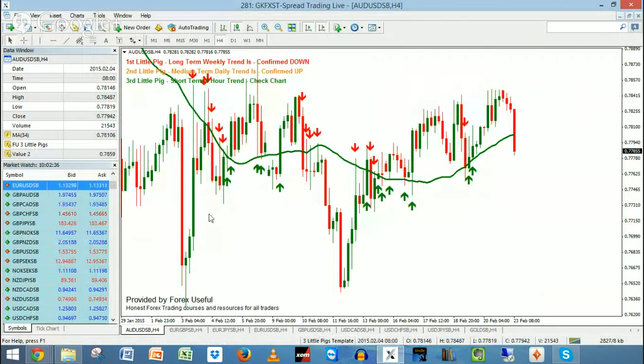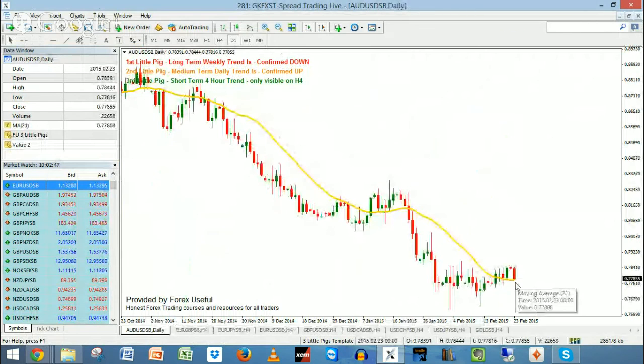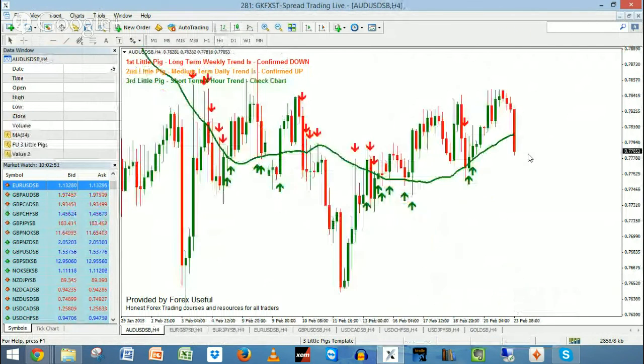So we've got the Aussie dollar first, and we're down and up here. We can see the weekly trend's clearly down. So we're waiting for the daily to roll over, which looks like it could well do on the next candle. And on the 4-hour, obviously, if we close below this moving average here, we'll get a sell signal, and we'll be taking a trade to the downside here.